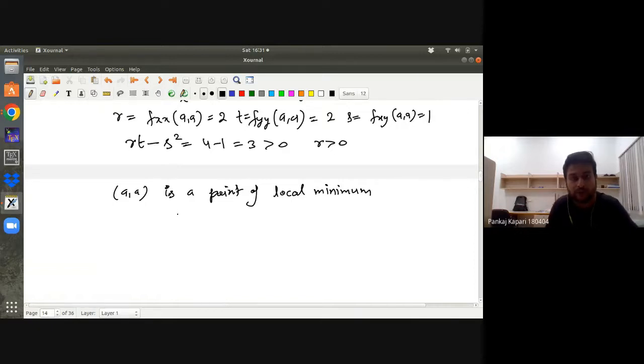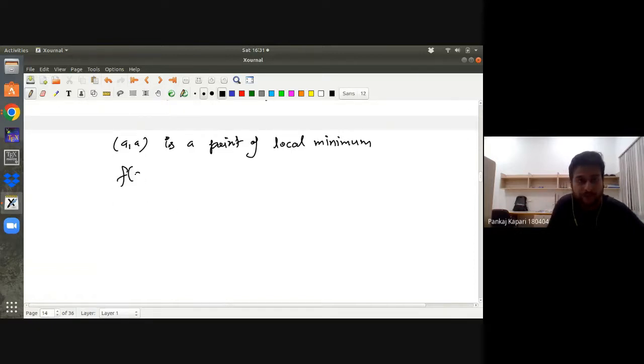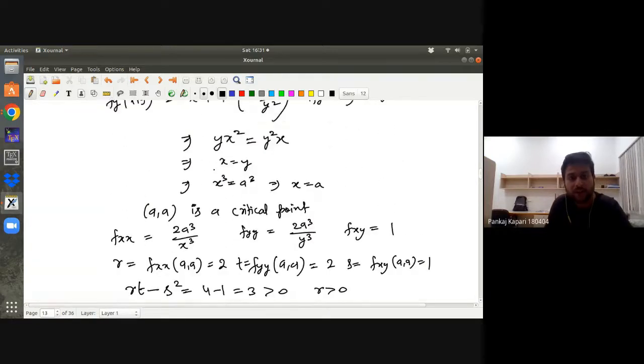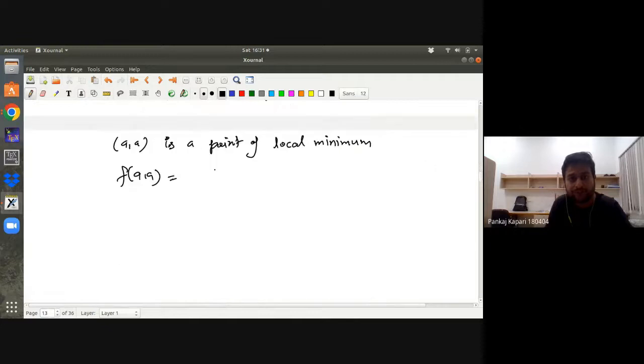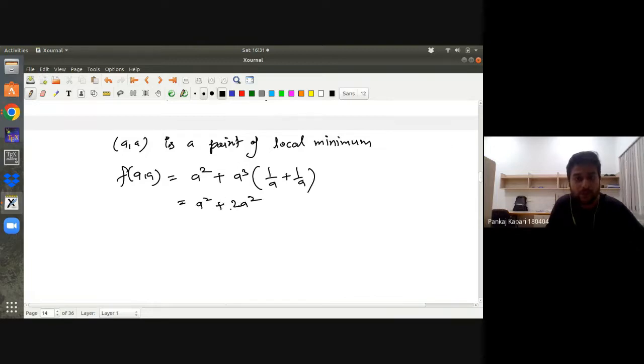And what is the value of the function at (a, a)? f(a, a) is the lowest value. So this is a square plus a cube times (1 over a plus 1 over a). That is a square plus 2a square, and that is equal to 3a square.